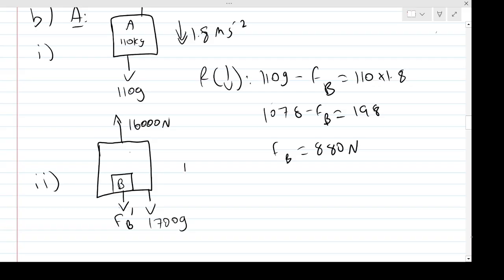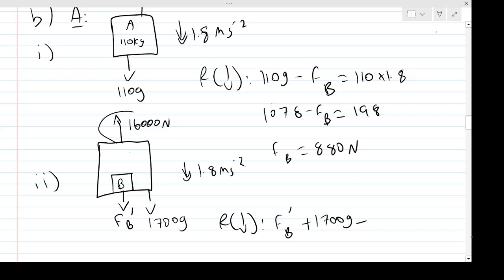Now if I resolve, and it's accelerating downwards by 1.8 again, so if I resolve downwards, that's going to be F of B prime add 1700 G, take away the upwards force of 16,000 equals MA. The mass is 1700 times the acceleration of 1.8. Okay, that's the lift.